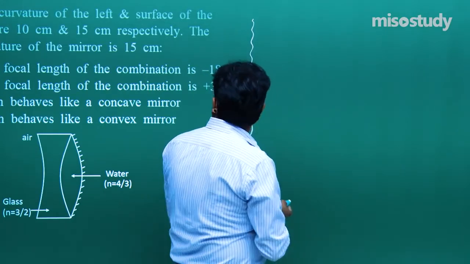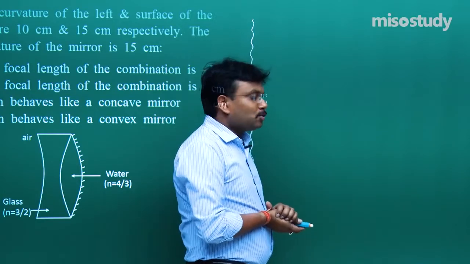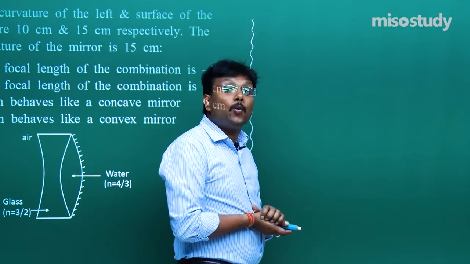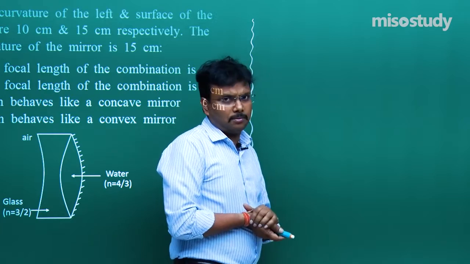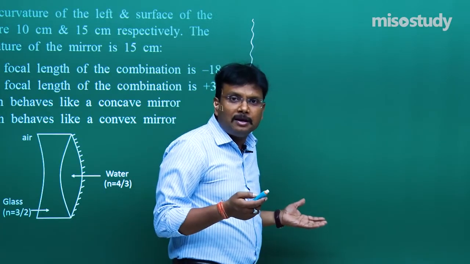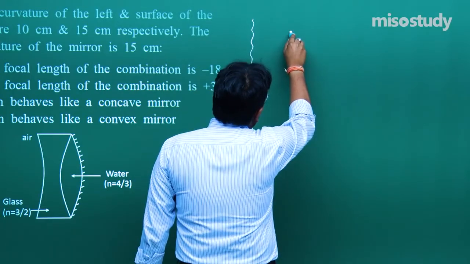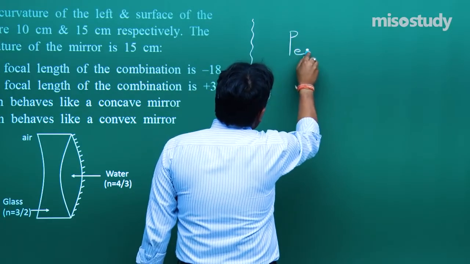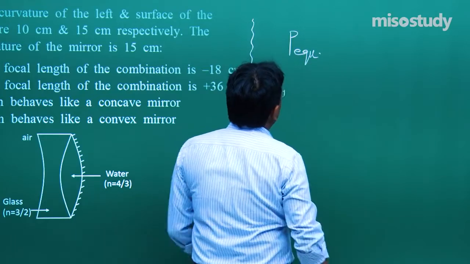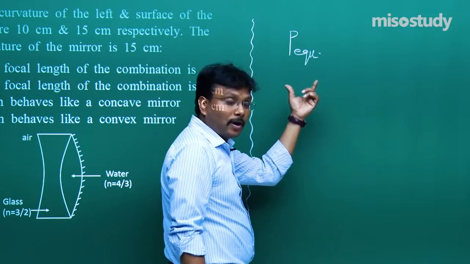First, for focal length, I should talk in terms of the equivalent power, because if we talk in terms of equivalent power, then the focal length we can easily find out. P equivalent is the final power, so that will give us the final focal length.